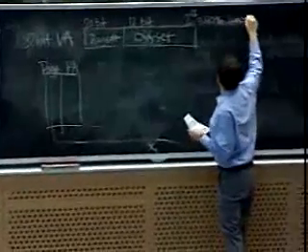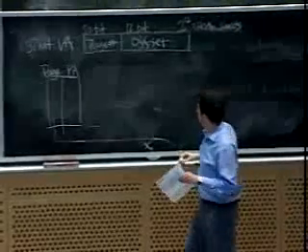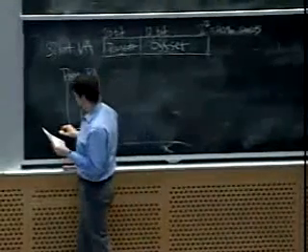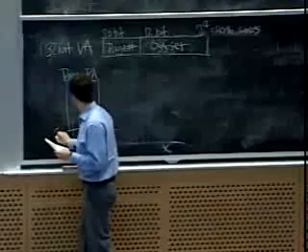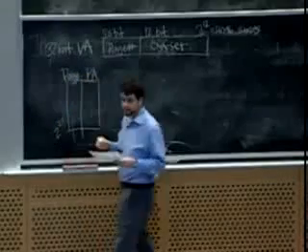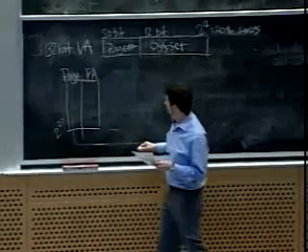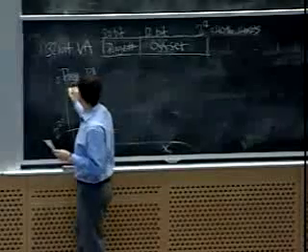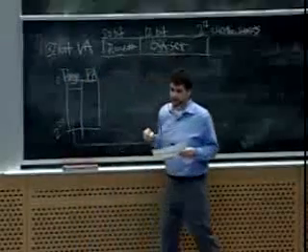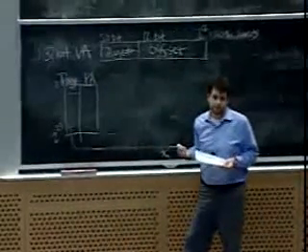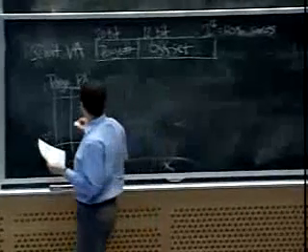So we're going to have 2 to the 20th pages within each address space, and each page is going to map to one of these 4,096-byte blocks.